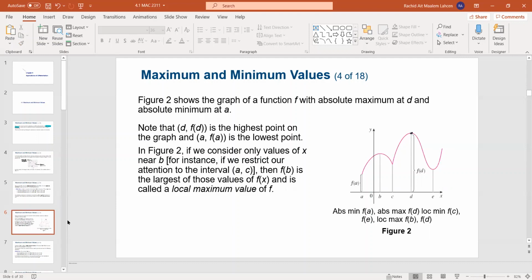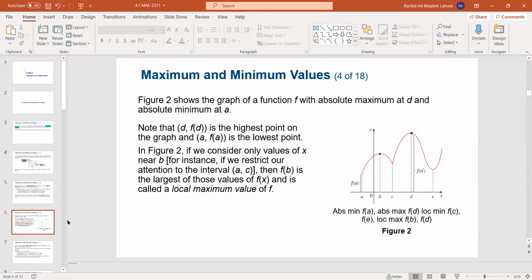And you can look at these here. You have also here a maximum, right? If you look at just this interval. But this is not an absolute maximum, it's a local maximum. Note that d is the highest point, and a is the lowest point.